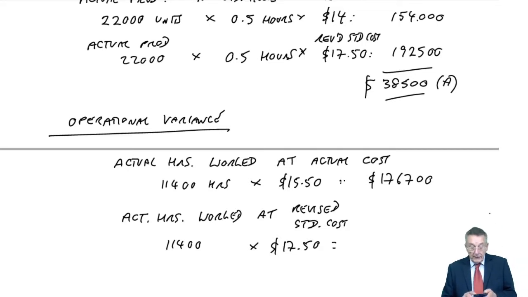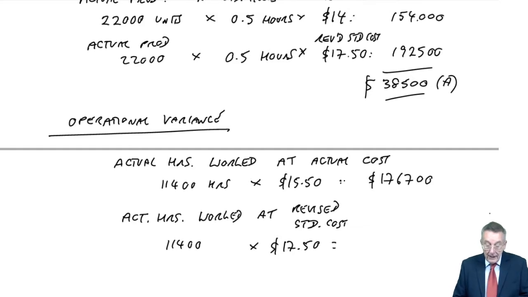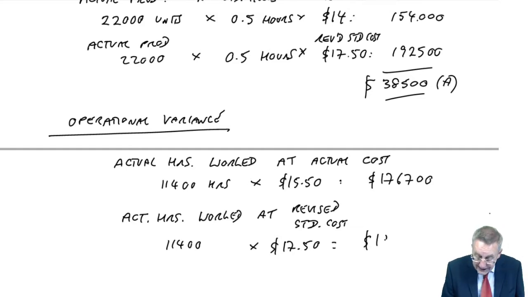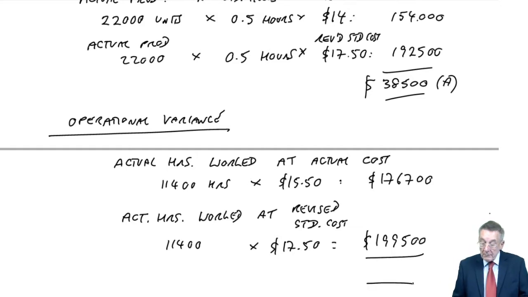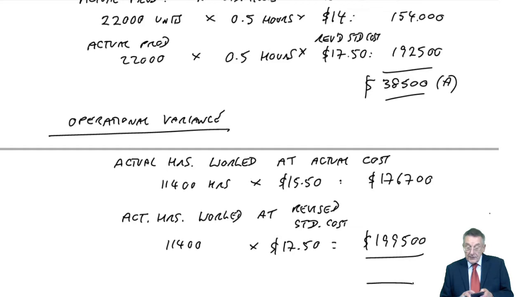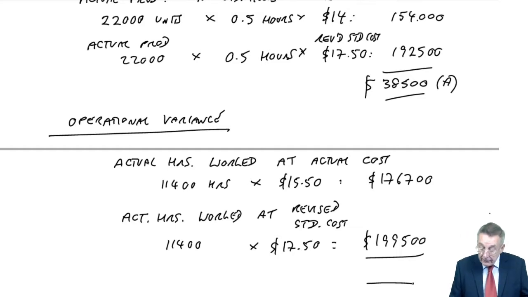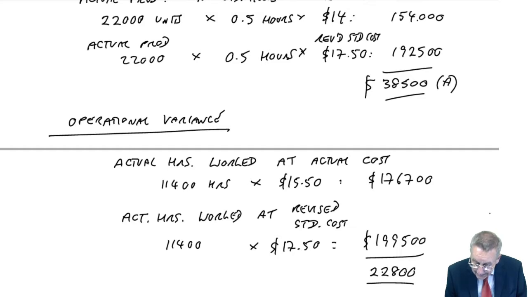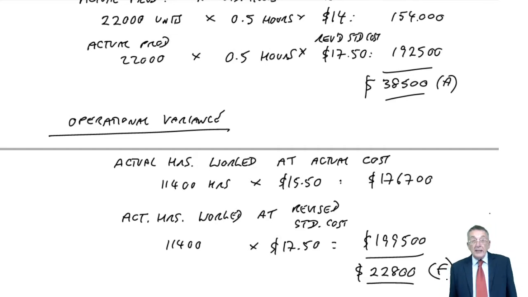And so you'd have expected your manager to pay 199,500. The difference, 22,800. And that's favourable. The manager has done better than we now expect.